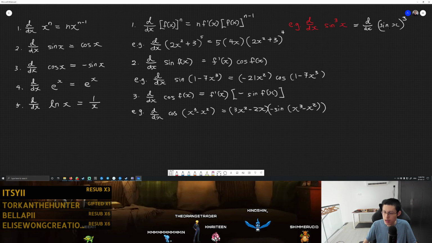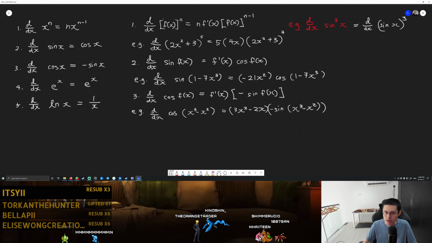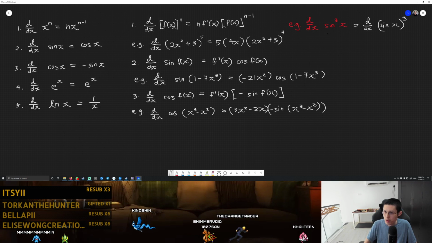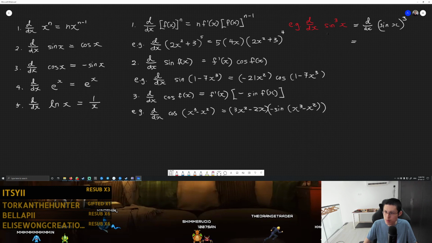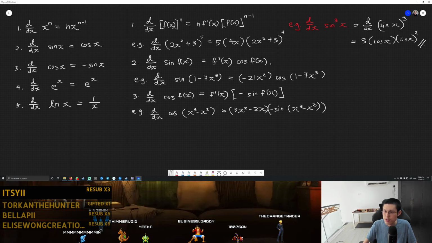So there is a function of x inside a power, right? To differentiate this, all you got to do is bring the power down, differentiate whatever's inside. So you're differentiating the sine, which means you have to put a cos in there. So this becomes cos x. And then you write the same thing and reduce the power by 1. So that's how you differentiate this guy in the first place.